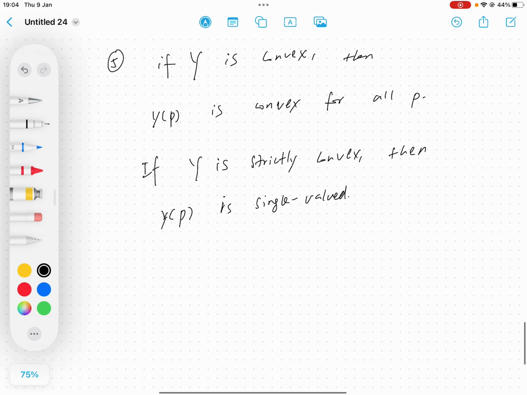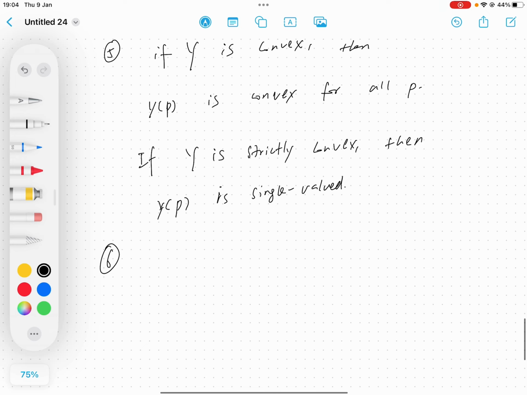And number 6 is called Hotelling's lemma, but it's also familiar from something before.